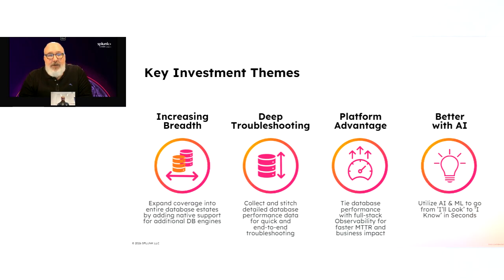Third, we're integrating it deeper into the Splunk Observability platform to provide unified observability across APM, infra, and database. We're seamlessly integrating these insights throughout Splunk Observability Cloud, all to help unlock faster mean time to resolution and quickly identify and minimize business impact. And finally, we're building AI native operations.